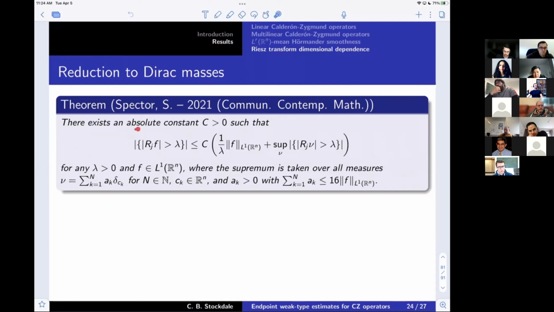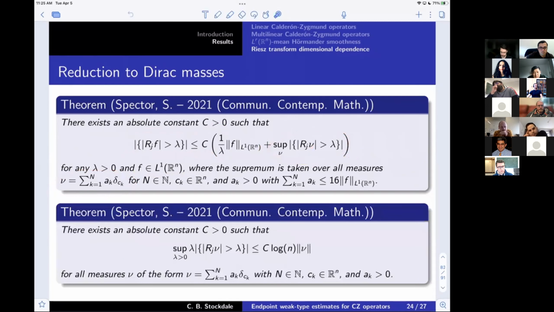So here there's an absolute constant that does not depend on the dimension, such that for every f in L1, you can control these level sets above by an absolute constant times the quantity you actually want to control by, 1 over lambda times the L1 norm of f, plus the level sets of the Riesz transform applied to a linear combination of Dirac masses. So if you can solve the question for Dirac masses, then that solves the question for the general weak L1.